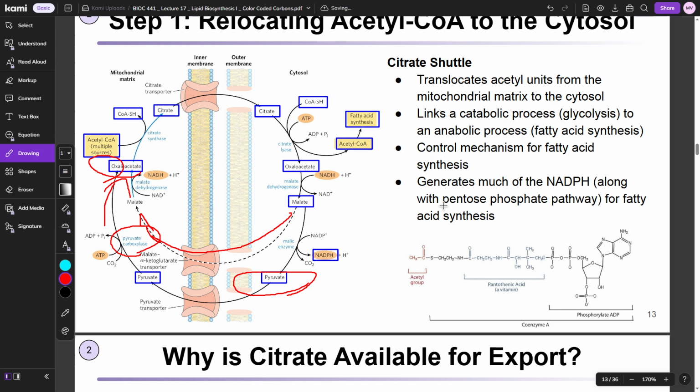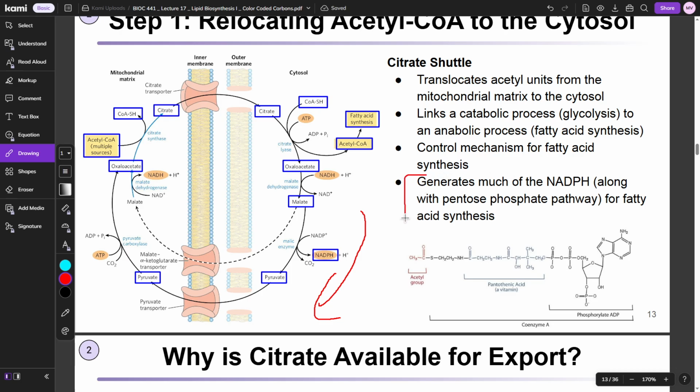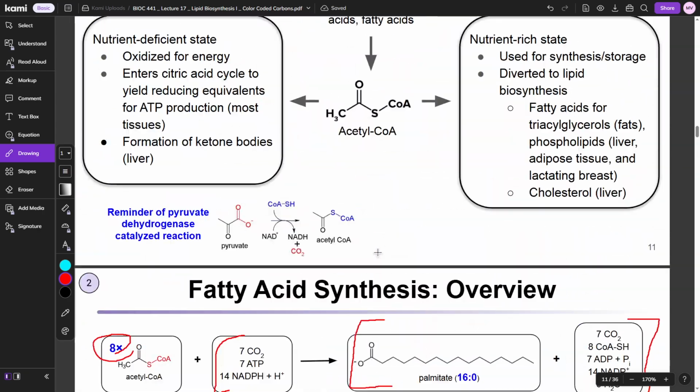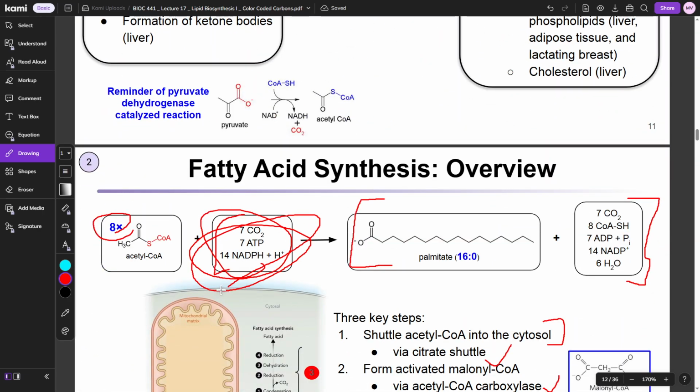The reason why this is kind of helpful is this. We tend to do the pyruvate pathway because it generates NADPH, which is used in the process of making fatty acids.